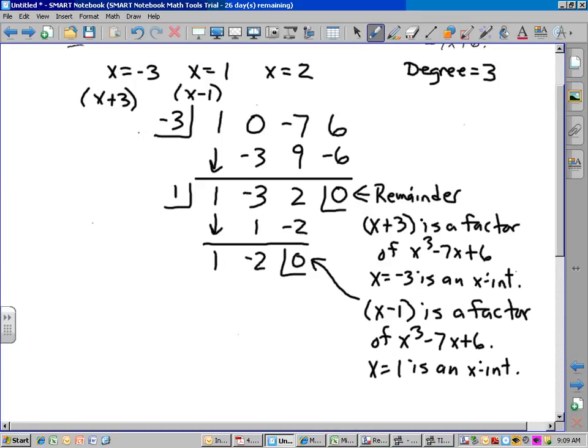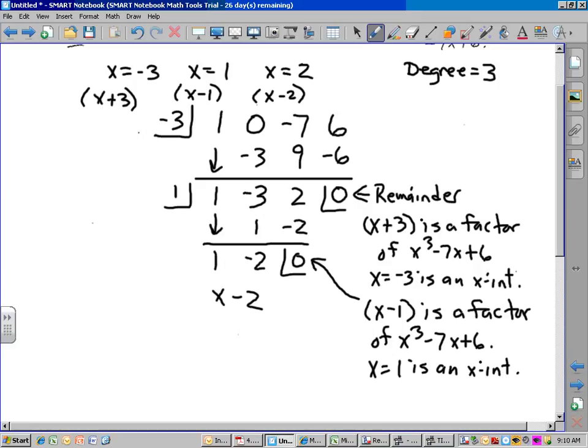Now, what we have left, the quotient that's left over, we went from 3 to 2 to 1. The quotient that's left over is actually just x minus 2, which happens to be the factor we get from this x-intercept. Again, when I broke this down earlier, I told you that the quotient is also a factor. So we don't even have to do the synthetic division after we go far enough.